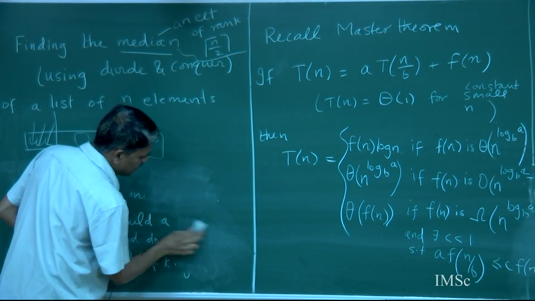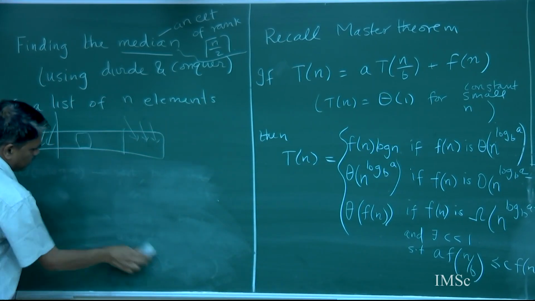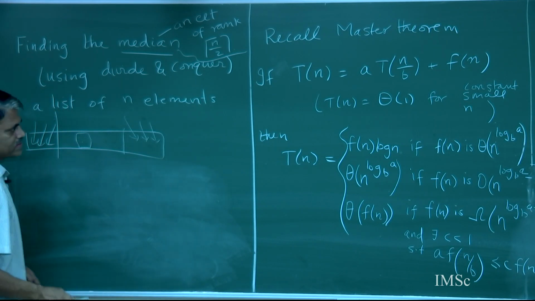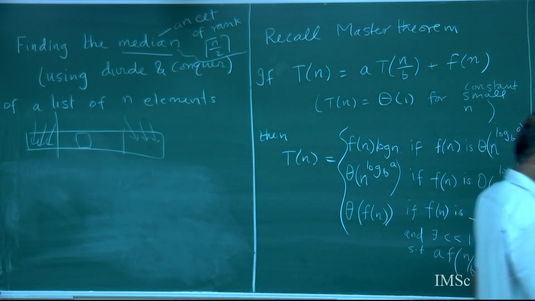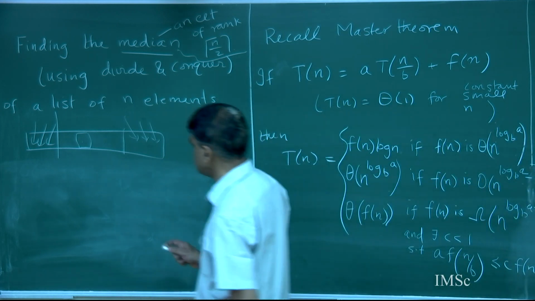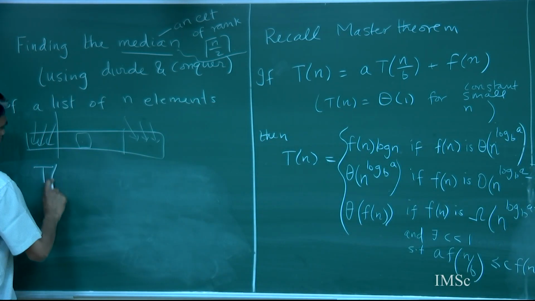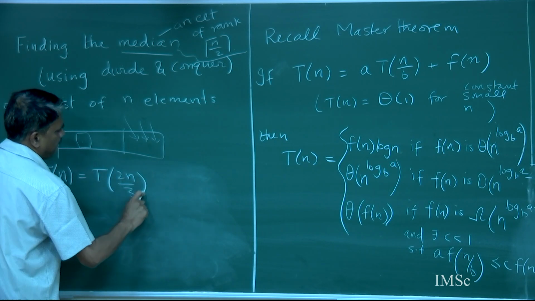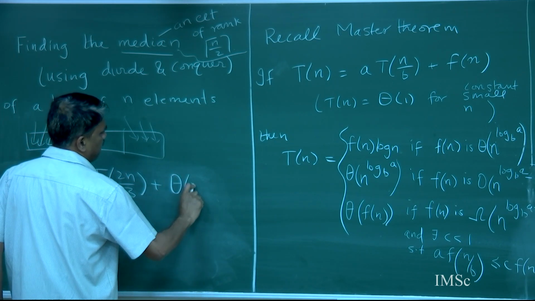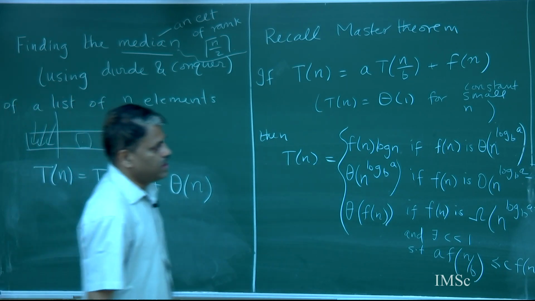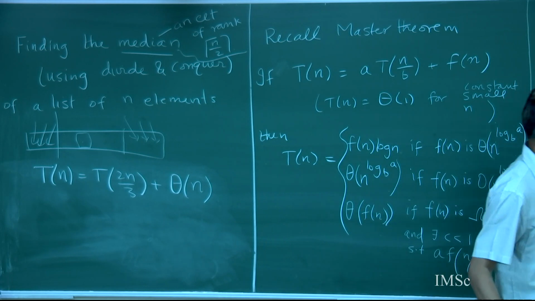Okay, I'm after a linear time algorithm for finding the median. So let's see how I get linear time in this recurrence relation. Same thing, but instead of theta 1, I have theta n here.